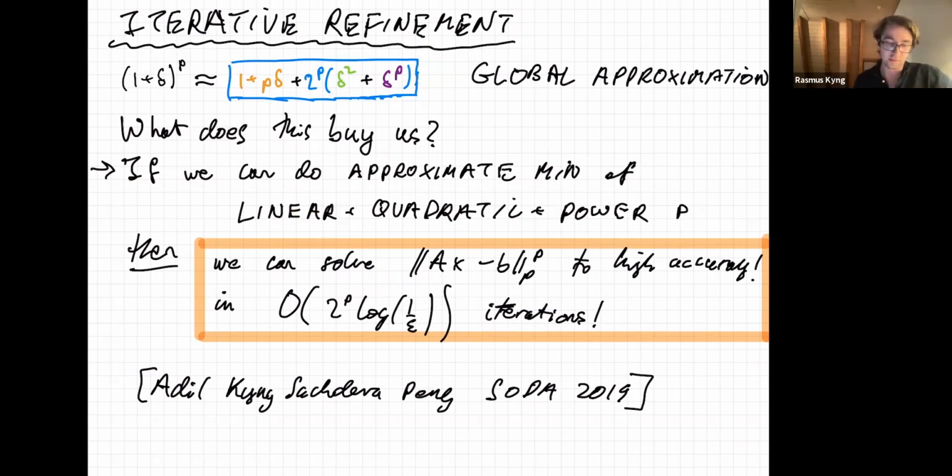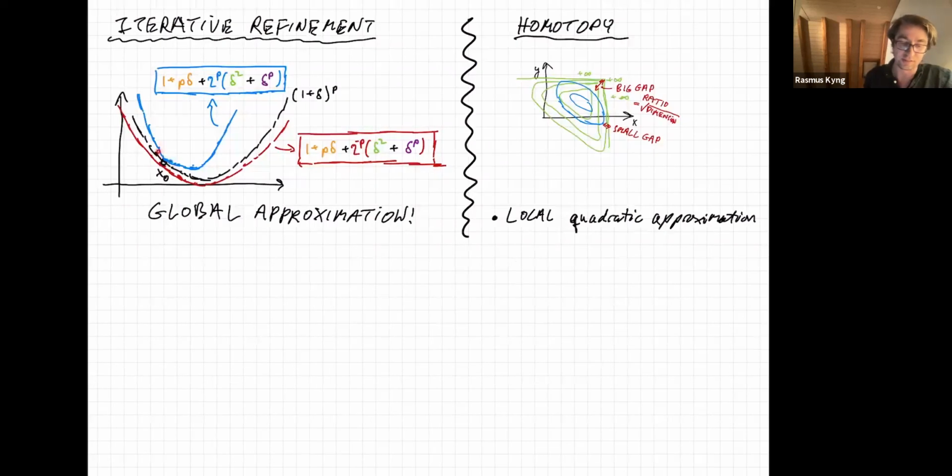Because of this sandwiching thing, even a bad solution will make progress. So the magic trick is that we have these global approximations, and they're also resistant to only being solved very, very approximately, and they'll still help us make progress on the true function.